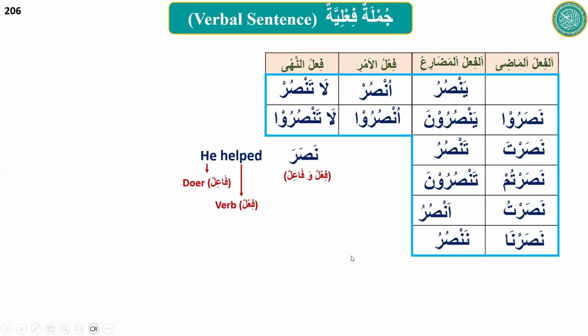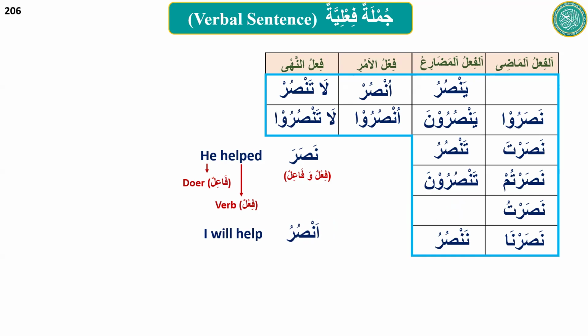Okay, let's take another one. Ansuru. Abdullah Shwaib, what's the meaning of ansuru? Assalamu alaikum. Ansuru means I will help. I help or I will help. Okay, I will help. What is the fi'l here?